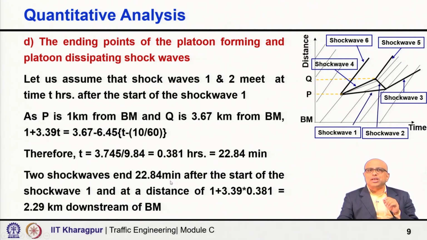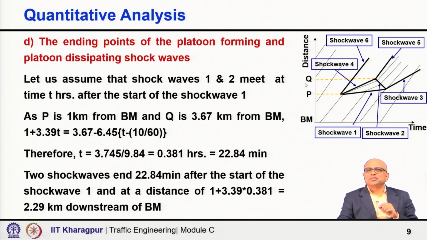So, two shock waves end at 22.84 minute after the start of shock wave 1, and what will be the distance? The distance you can calculate here, 1 plus 3.39 t, put the value of t. So, 2.29 kilometer downstream of the benchmark, because all these distances are taken with reference to the benchmark, 1 plus this and here 3.67 minus something, right.